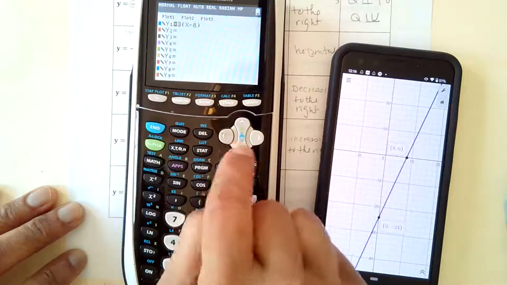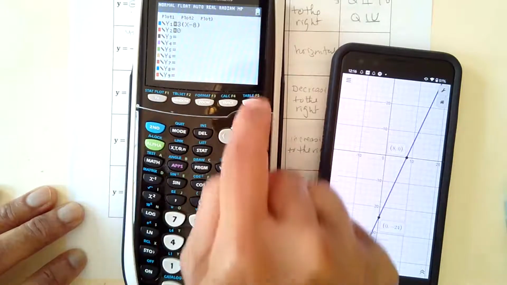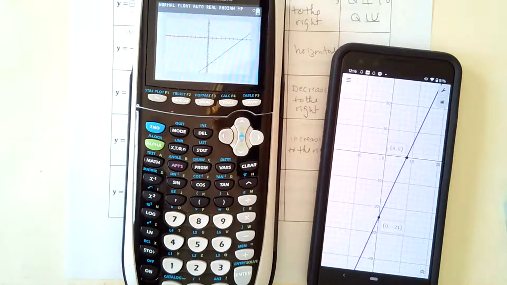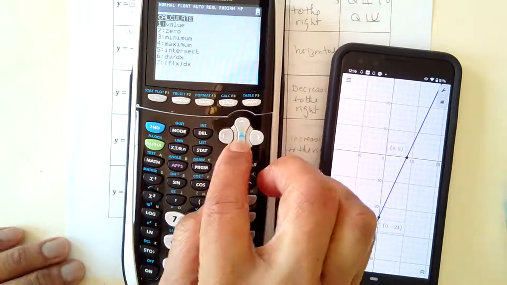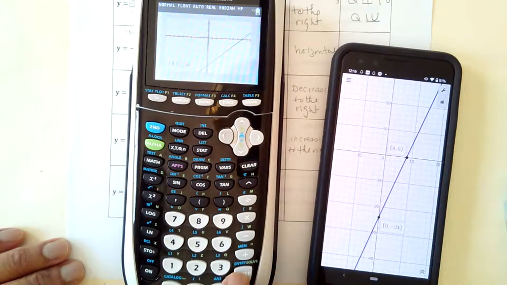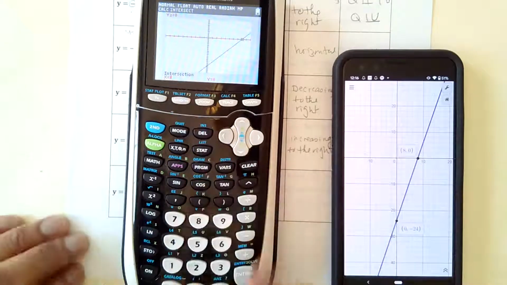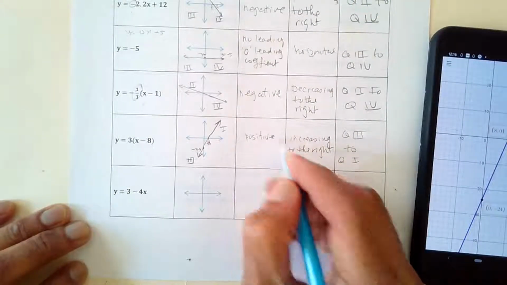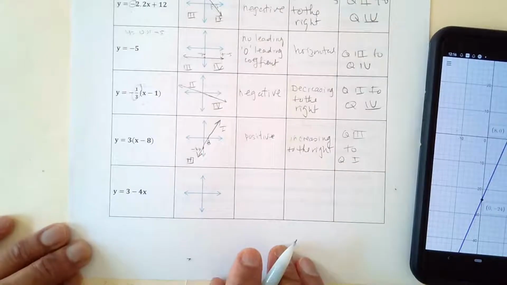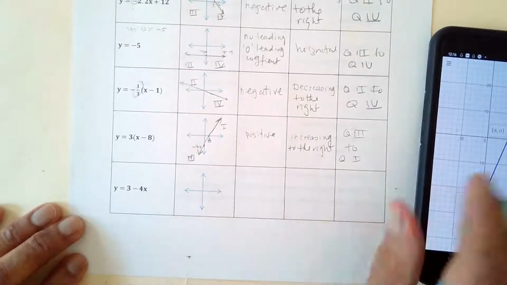Go press my y equal button, let x be 0. Second trace, find intersect. So 3 times. Yes, it is 8. So it's good to verify things. Don't just guess like what I did there. So this is 8. And the last but not least, you have this one here.